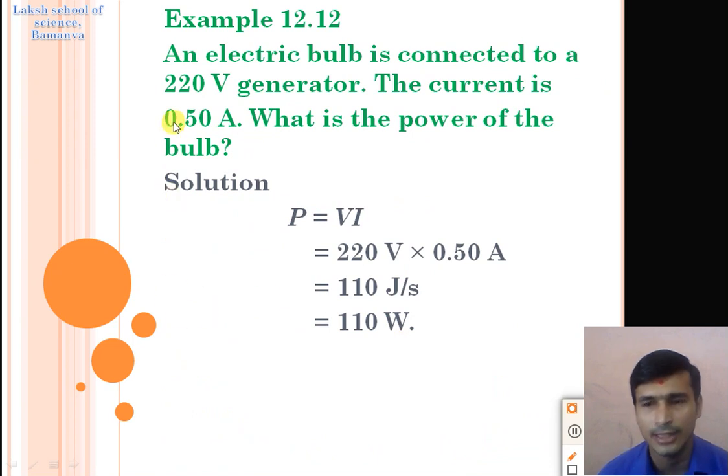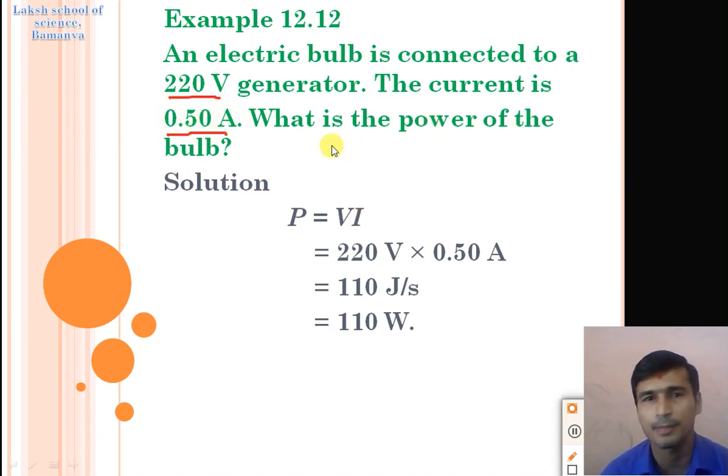Now the last example, example number 12.12. An electric bulb is connected to a 220 volt generator. The current is 0.50 ampere. So voltage is given as 220 volt and the current is 0.50 ampere.